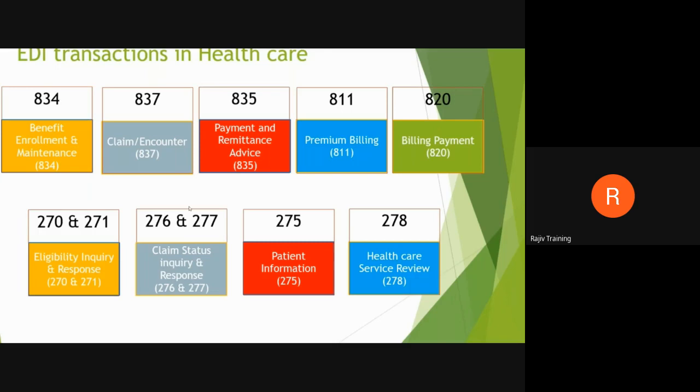So this 277 is used by healthcare payers and insurance companies. The last, 278, is used by hospitals to request an authorization from a payer, such as an insurance company. So these are a few of the EDI codes that are there.